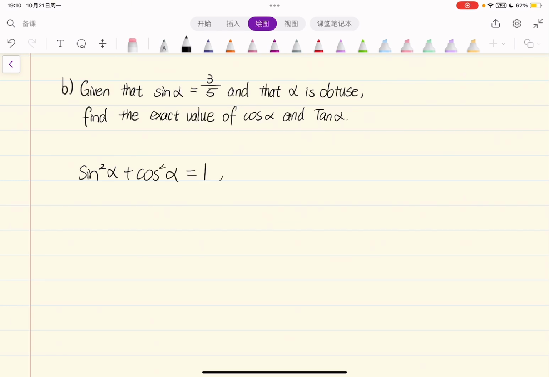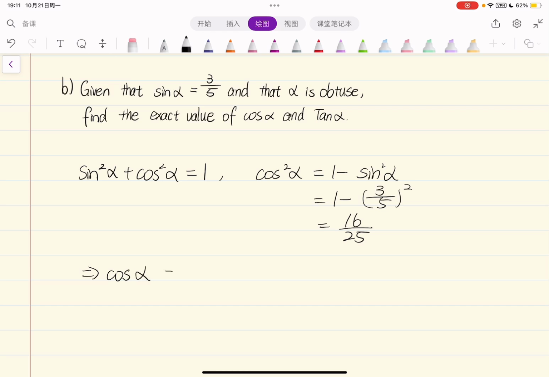So cosine squared alpha equals 1 minus sine squared alpha. That equals 1 minus (3 over 5) squared, equals 16 over 25. We can have that cosine alpha equals plus or minus 4 over 5.